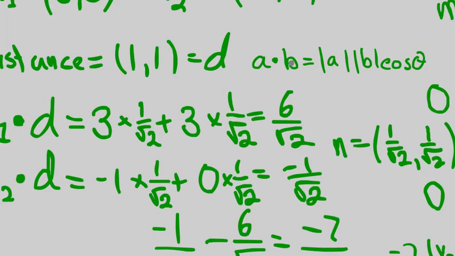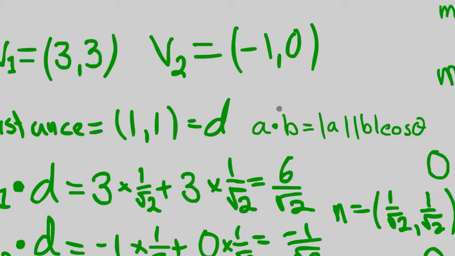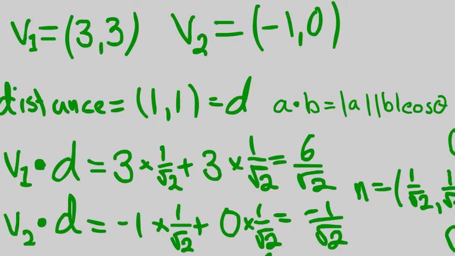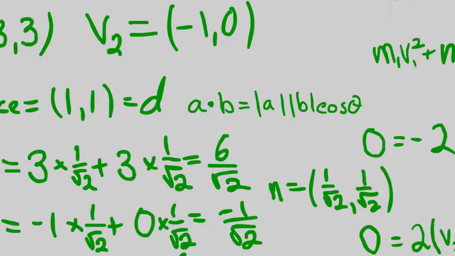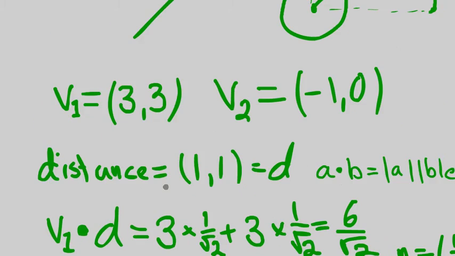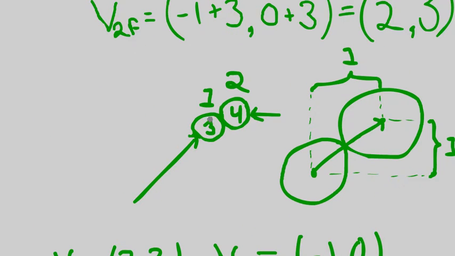But basically, you do the dot product of the first velocity and the normal, and the second velocity and the normal. And what that's supposed to tell you is how much these velocities are going into each other, how much they're going on this axis. As you can see, this one looks like it's going on this axis a lot.